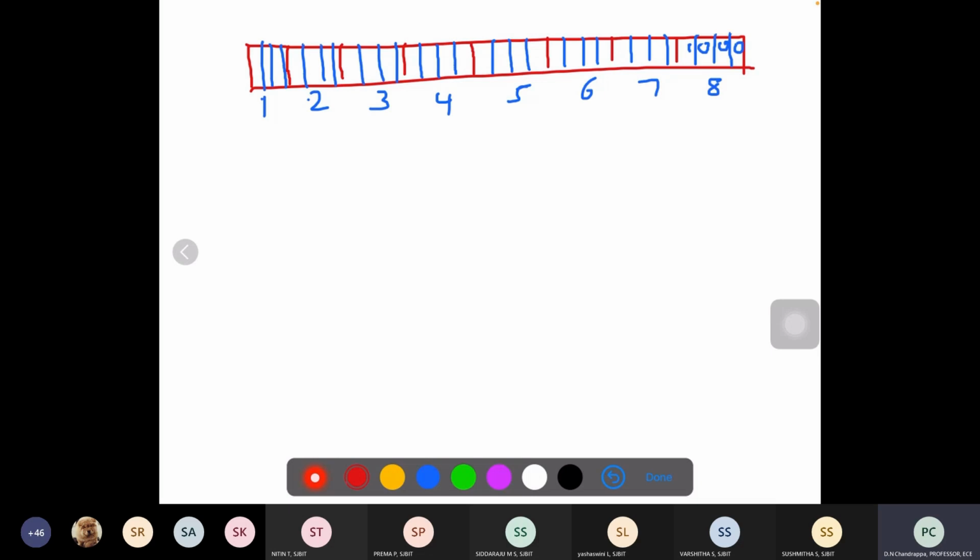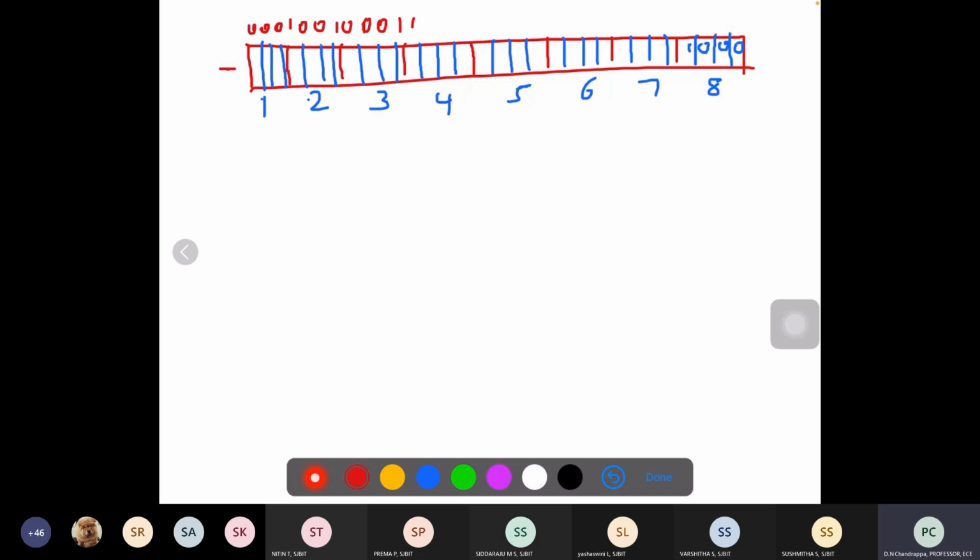Similarly, you can split into these 4 bits, and like this. So in total we have 32 bits. Now you can write all the binary numbers.